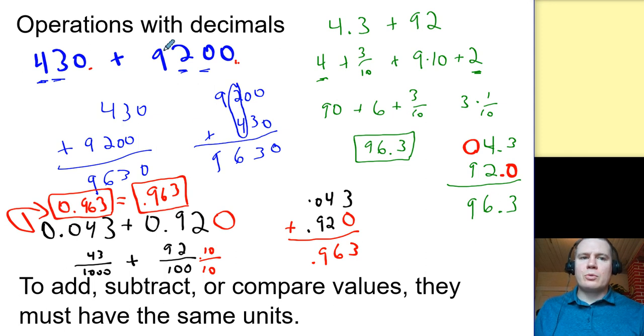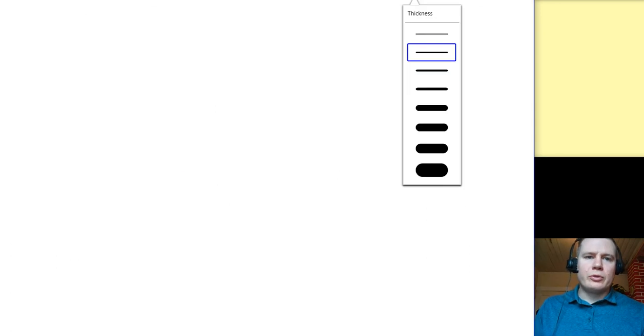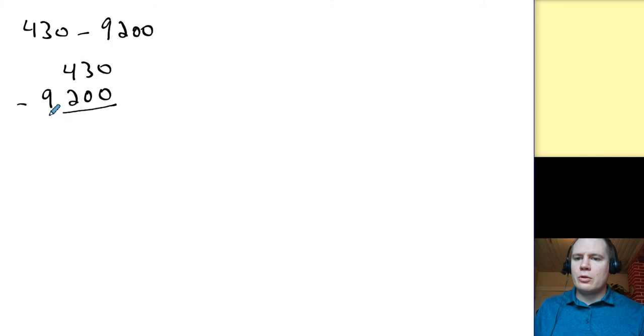Subtracting decimals works pretty much just the same way. So write these here. 430 minus 9,200. I'll write up there, 430, 9,200. 0 minus 0, 3 minus 0 is 3, 4 minus 2 is 2. 0 minus 9 is negative 9.